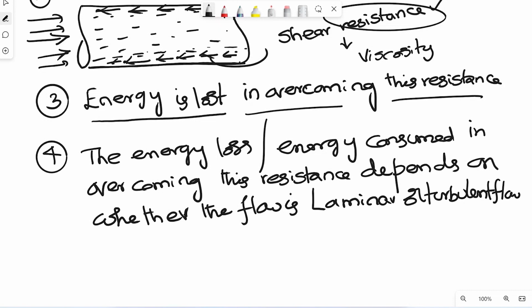This is the first thing. So the amount of resistance, what is the magnitude of that resistance, depends on whether the flow is laminar or turbulent.